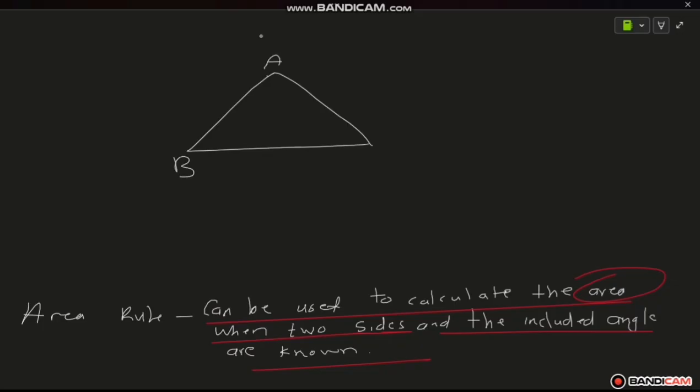The area rule, by having that note or property. So let's say we are given 20 is the side of AB and 30 is the side of AC. Then inside here we have 15. So the 30 and the 20 make the included angle 15. I hope it makes sense. Then that's when we can use the area rule.